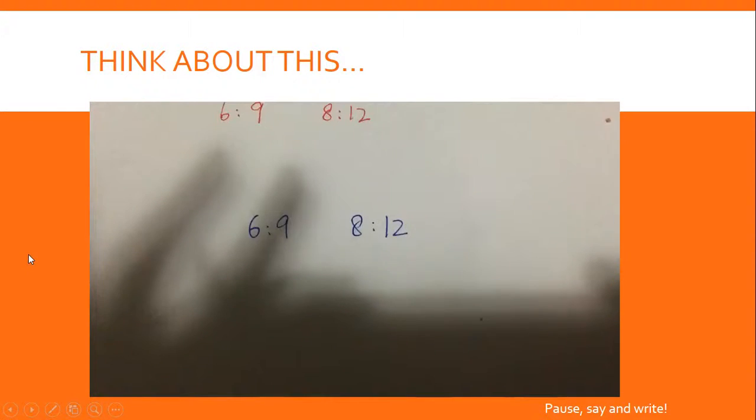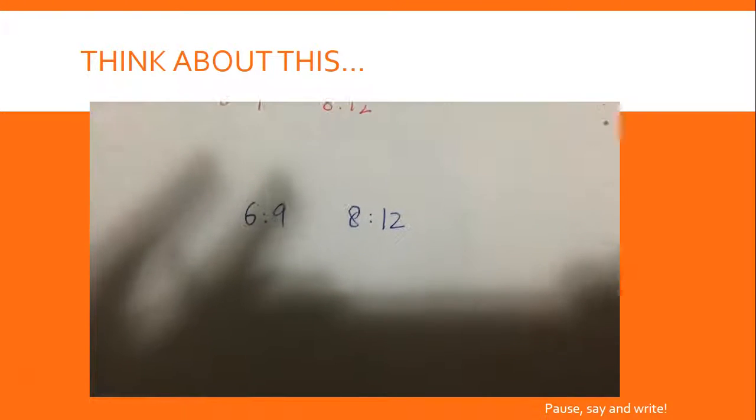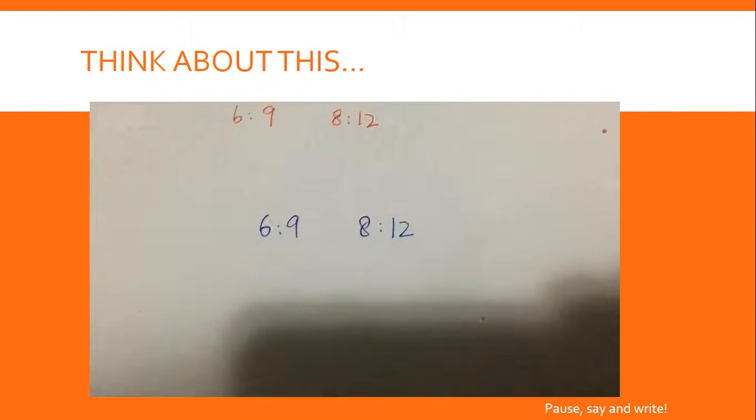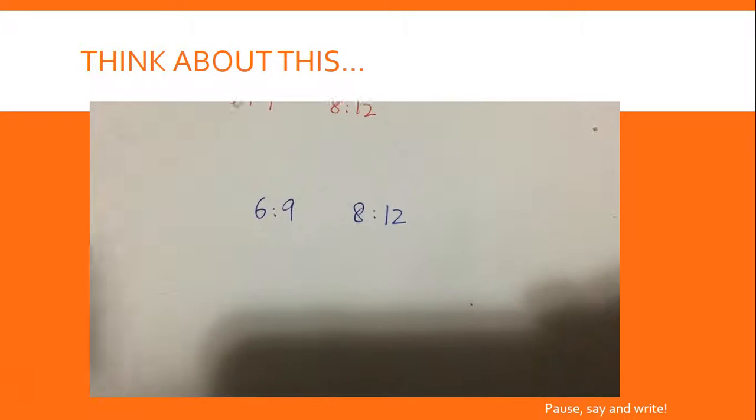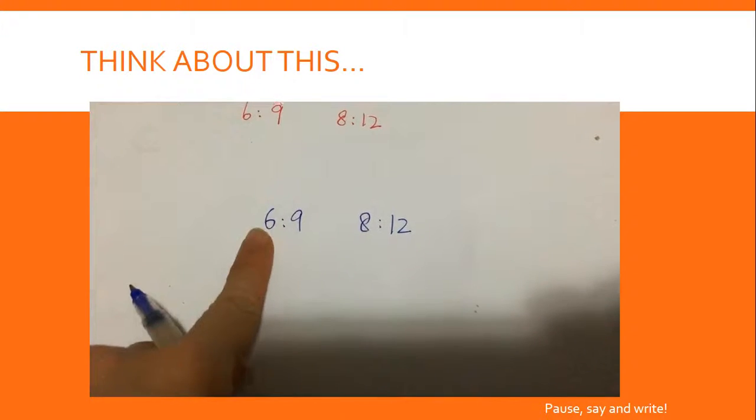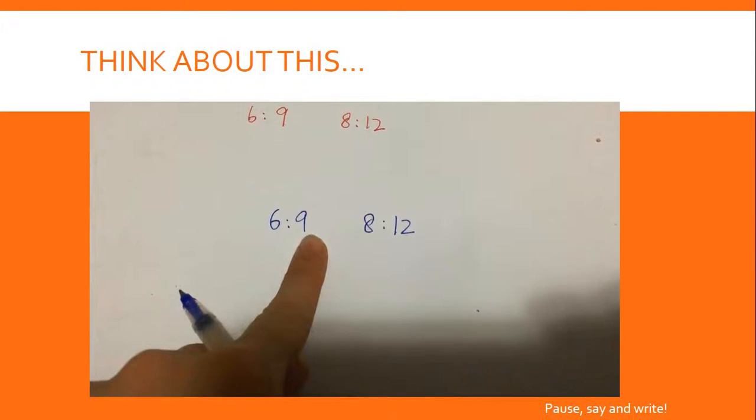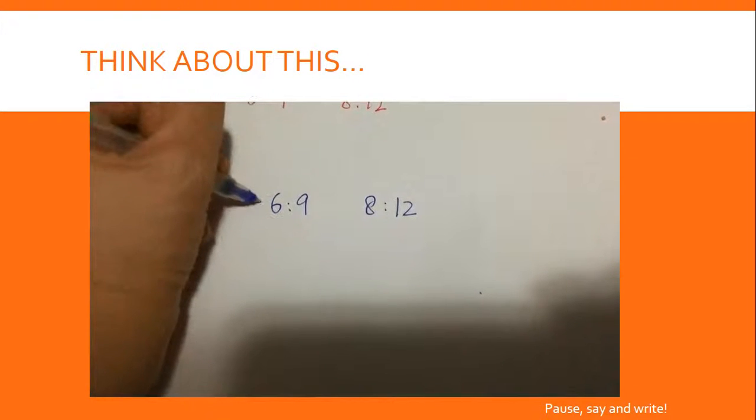Alright, let's look at these two ratios. 6:9 and 8:12. Are they equivalent? I wonder what's the simplest form of 6:9. First, we need to look at a common factor of 6 and 9. Both 6 and 9 can be divided by 3.